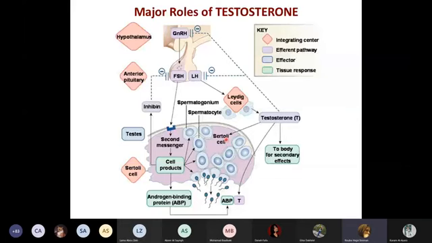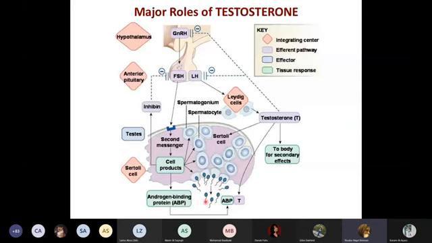Both these molecules, FSH and testosterone, will help Sertoli cells provide a good environment and the right molecules for the development of the spermatogonial cells into the formation of sperm cells. Therefore, testosterone is important to initiate and maintain the spermatogenesis.